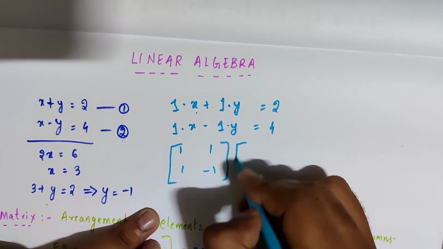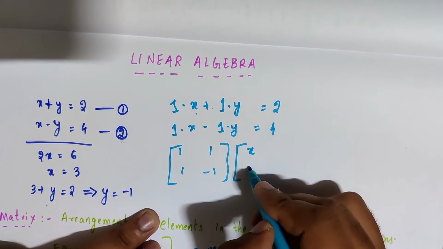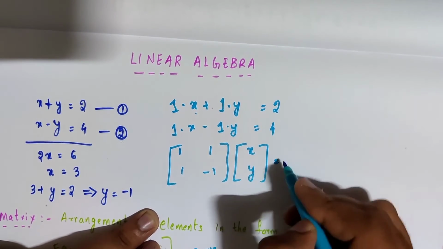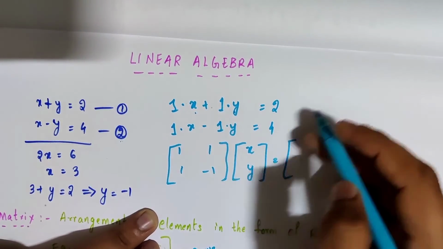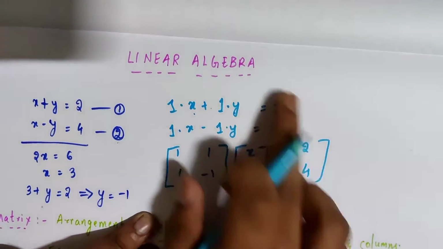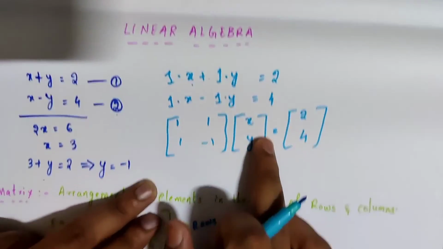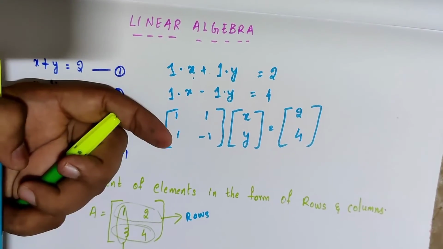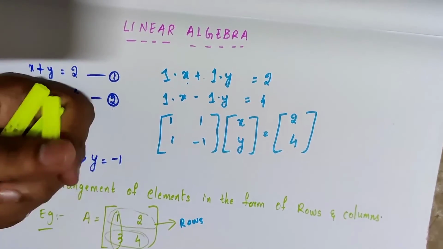Then you have to write the variables in one matrix. So x, y is equal to, you have to form these two elements also in a matrix. So this is nothing but converting these linear equations in the form of matrices. So you have some naming conventions over here.